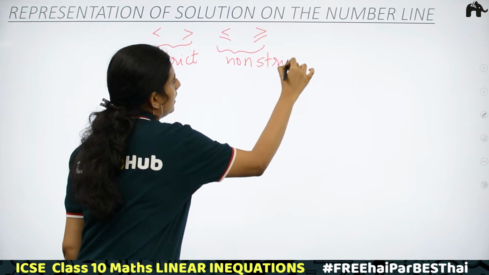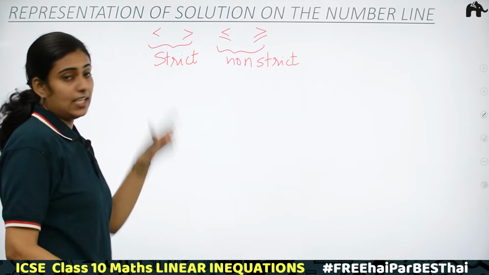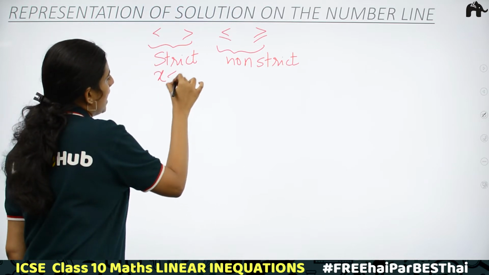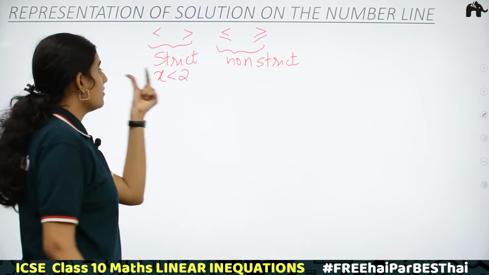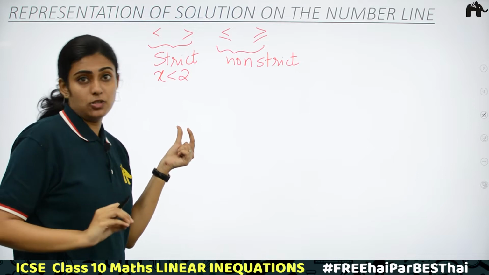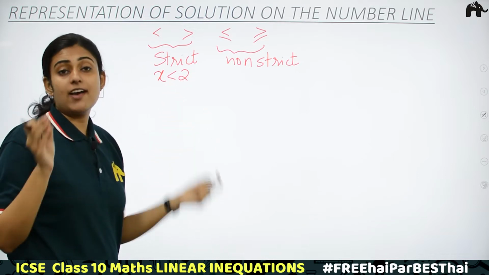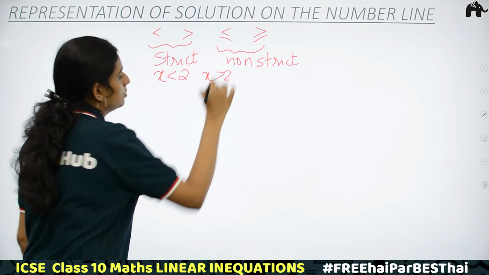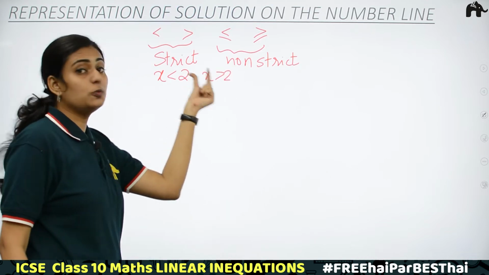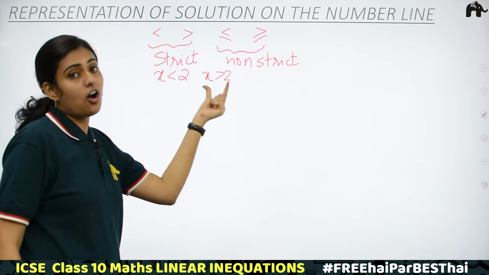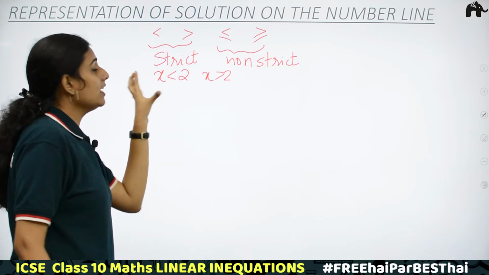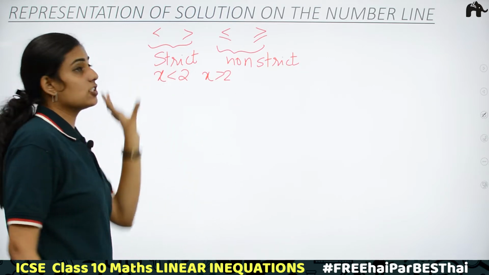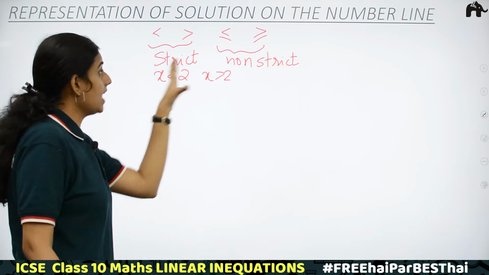If we are given x less than 2, the value of x should be less than 2. 2 cannot be included. The value of x cannot be 2. Or x greater than 2. This means the value of x should be greater than 2, 2 not included. The point is not included in case of strict inequalities, less than and greater than.